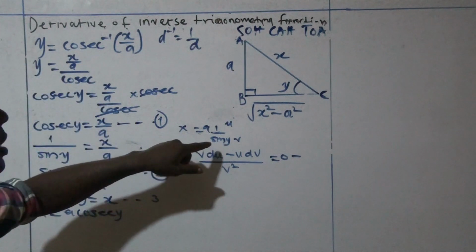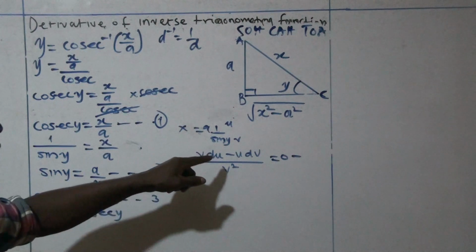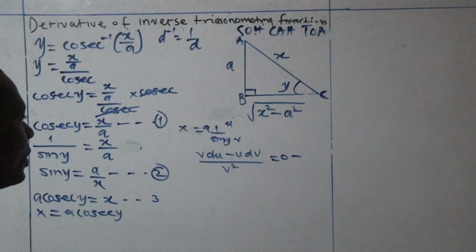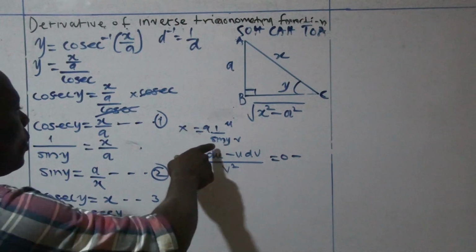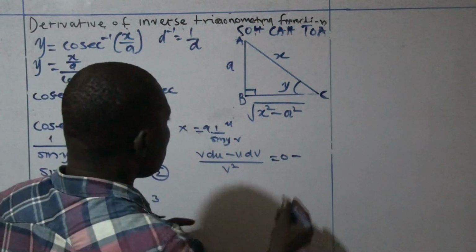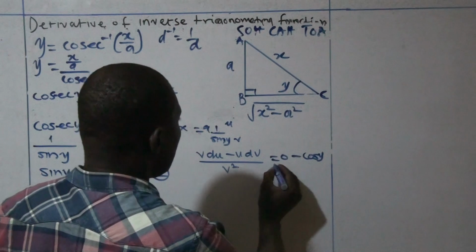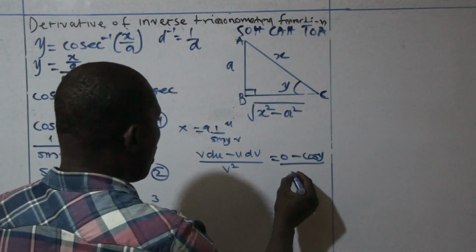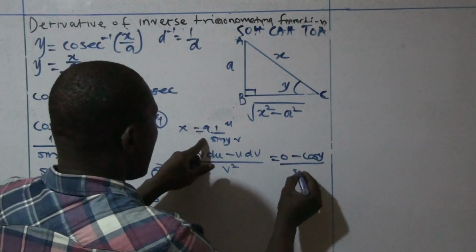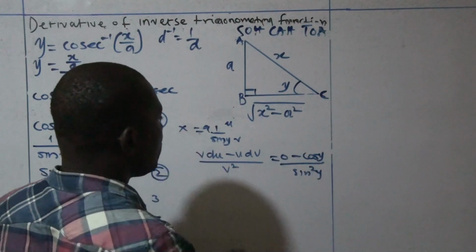If we differentiate sine, it's going to give us cos, times u, which is 1. So that will just give us cos y, divided by sine y squared.